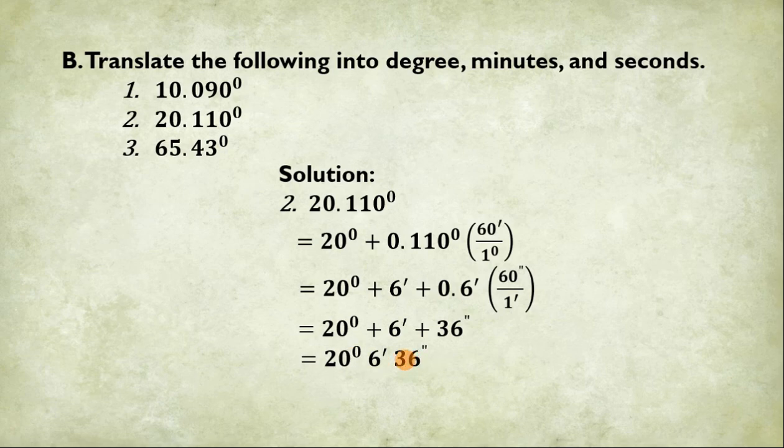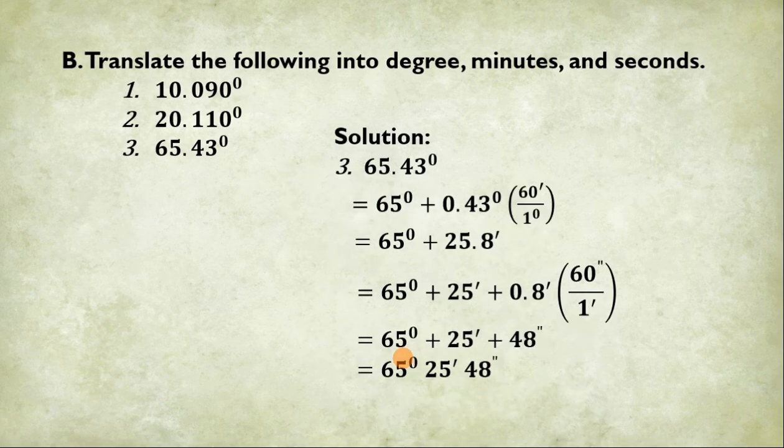For number 3, 65.43 degrees is converted by isolating 65 degrees plus 0.43 degrees converted to minutes. We have it here. By multiplying this, it becomes 25.8 minutes. Then the 0.8 minutes will be converted again to seconds.